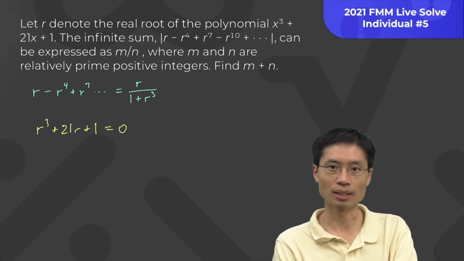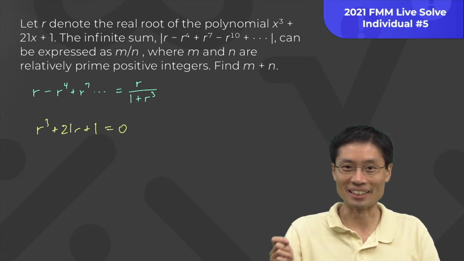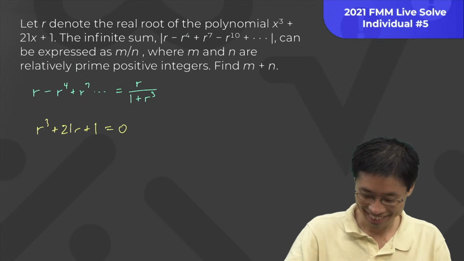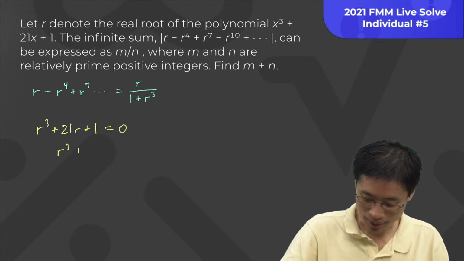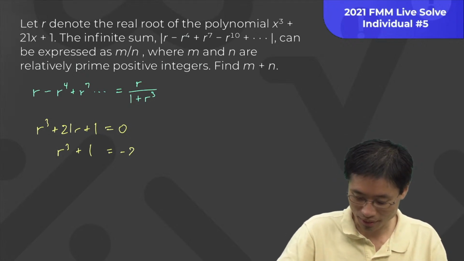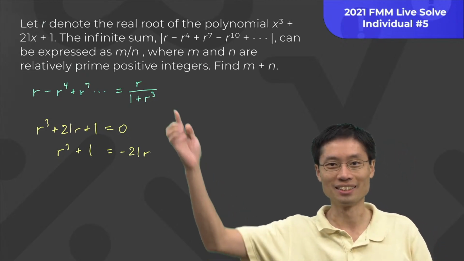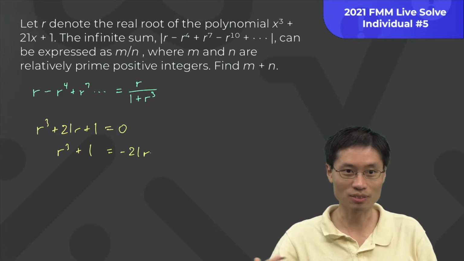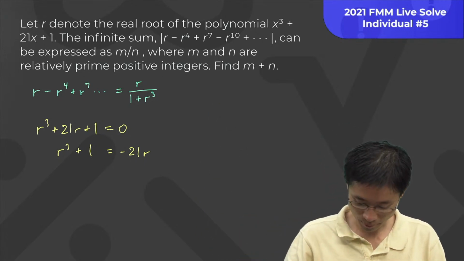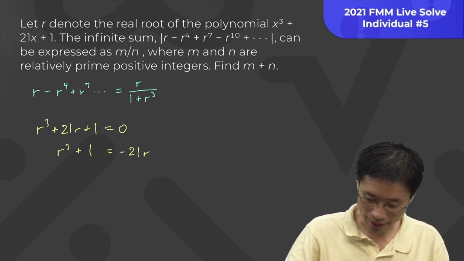Okay, if I want r divided by 1 plus r cubed, I see something. I see what 1 plus r cubed is. R cubed plus 1 is just negative 21r. So let's just divide. It's r divided by negative 21r. So now I have, let's continue.